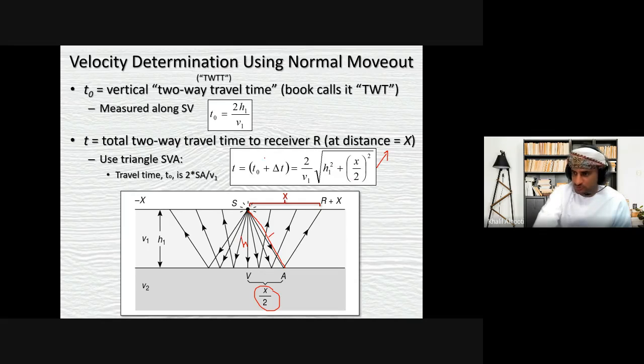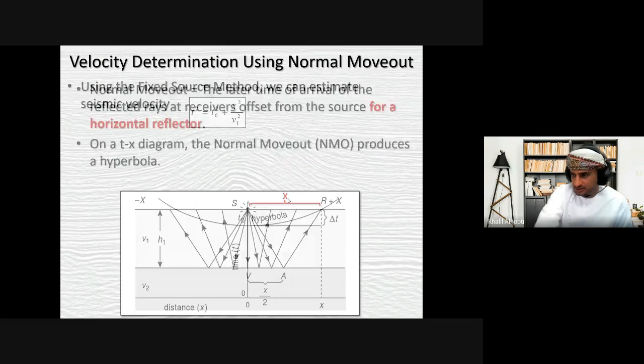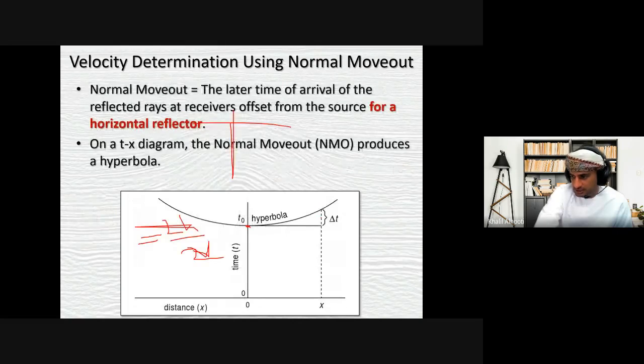And we already proved this thing. T equals what? T here is T naught plus delta T.